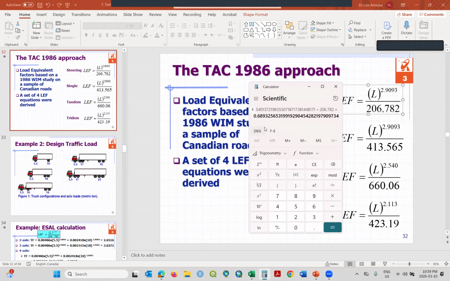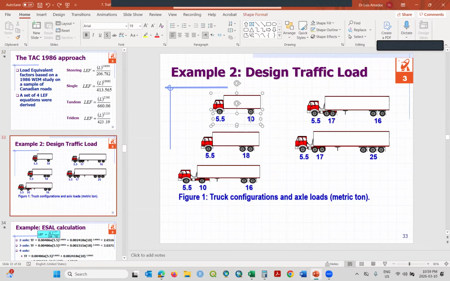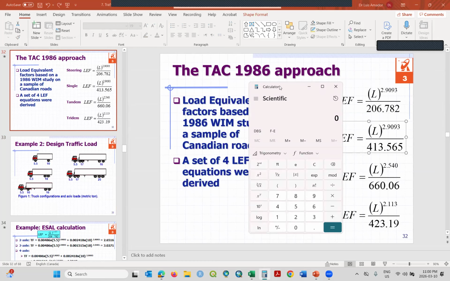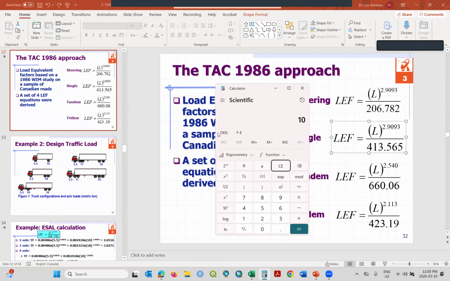You have 0.689. This 10 tons as a single axle, we'll go here in this equation, and you will have 10 to the power of 2.9393, divided over 413.565. So 1.96.